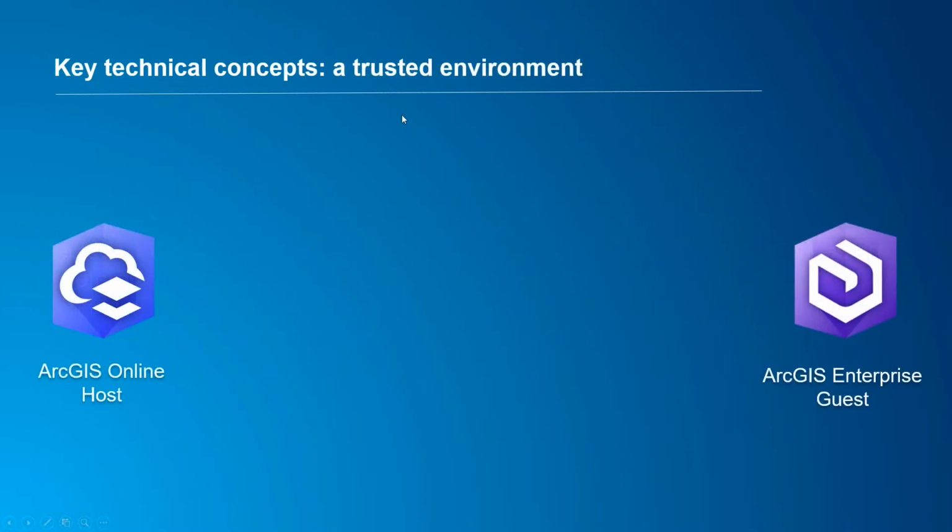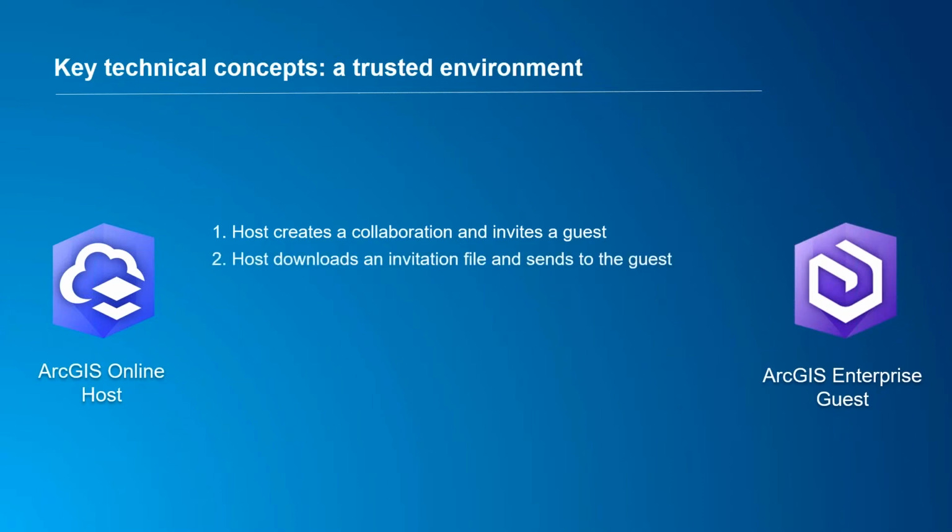So how does this work? Just to run through the steps, a host creates a collaboration and invites a guest. In this case, I'm saying an ArcGIS Online organization as a host and an ArcGIS Enterprise as a guest. So the host creates the collaboration and invites a guest. They download an invitation file and they send that to the guest.